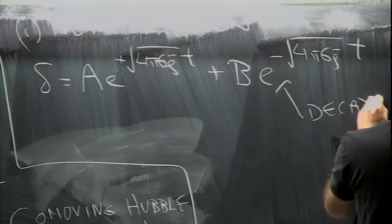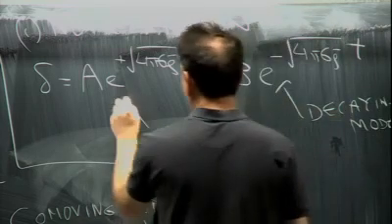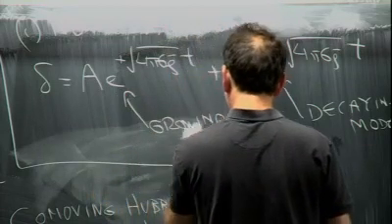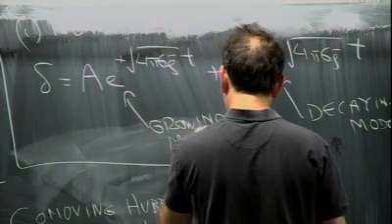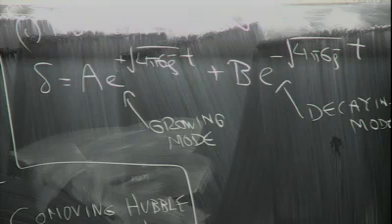That's not that important. And then there's this growing mode that is exponential, right? This is gravitational attraction. As long as the universe is not expanding, it will happen exponentially quickly.